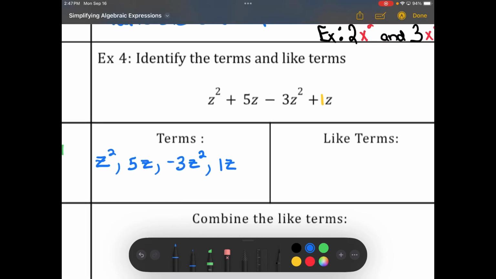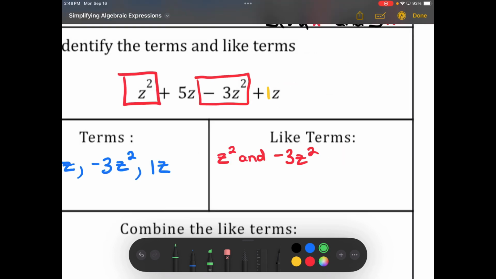Okay, we're going to do terms that are alike, and we are going to start with z squared. What is the other term? Remember, like terms have to have the same exponent and the same variable. Negative 3z squared. Very good. Because that sign belongs to the 3.